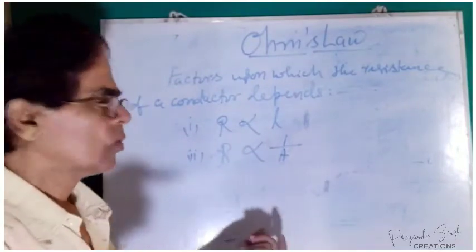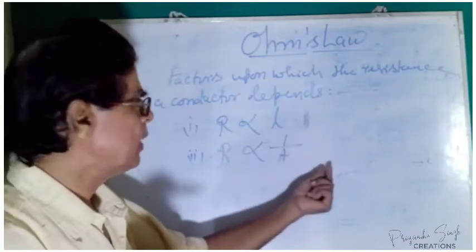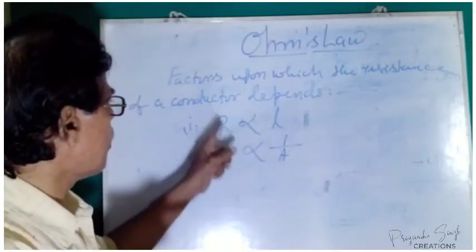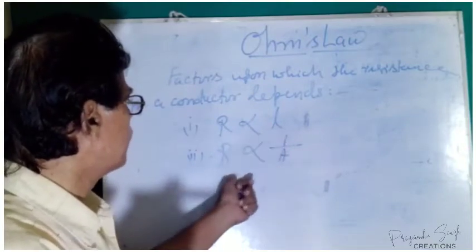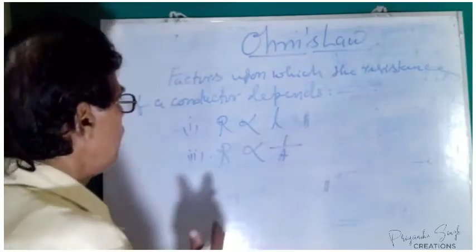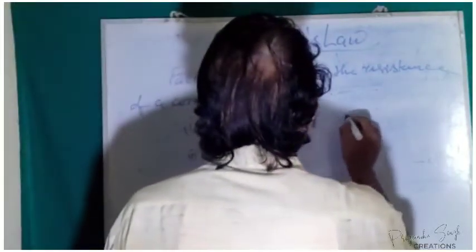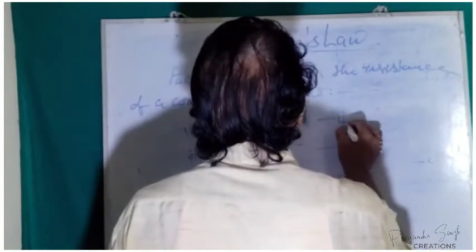So at a specific temperature and for a specific material, the resistance of a conductor is directly proportional to its length and inversely proportional to area of cross section.